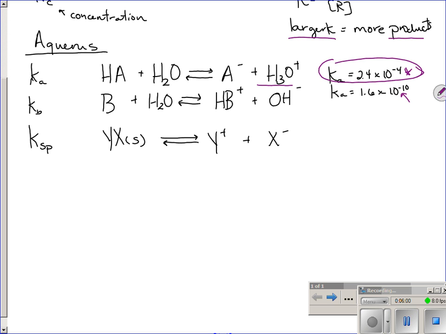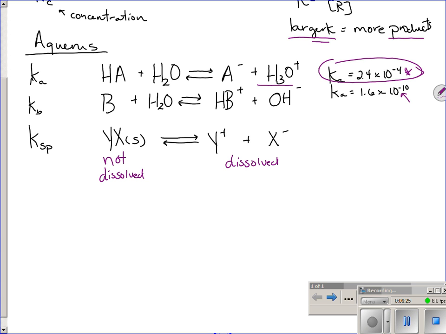For Ksp, we can see that in the forward reaction, what we have is solubility. So this is dissolved, and this is not dissolved. If we have large values for Ksp, that means it's going to make more products.